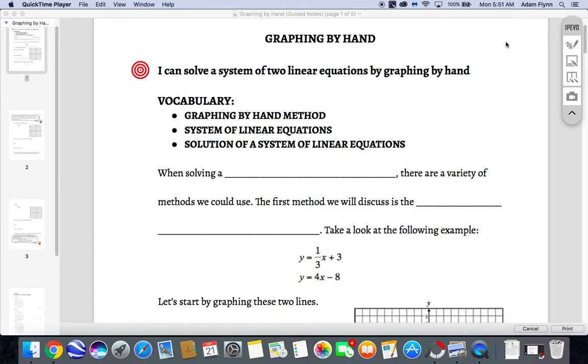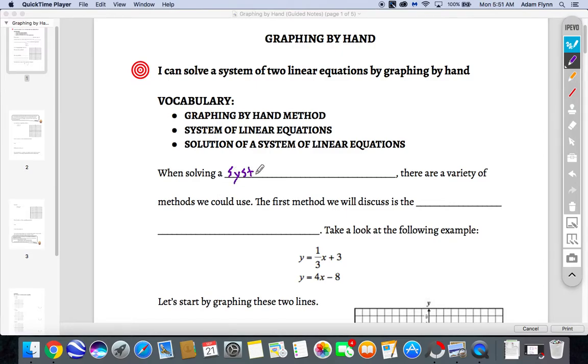Hey everyone, in this video I will be going over the graphing by hand method for solving systems of linear equations. So when solving a system of linear equations, there are a variety of methods we could use.